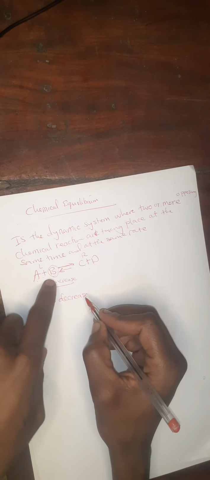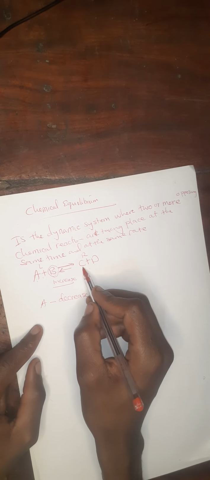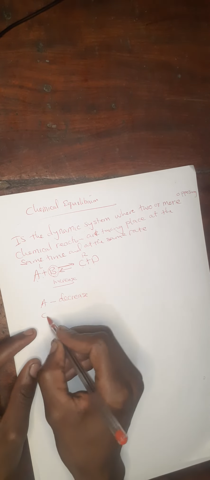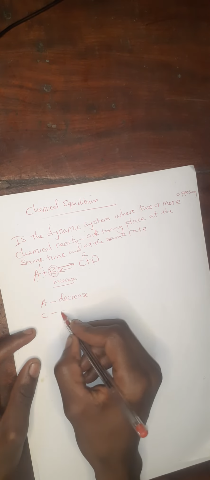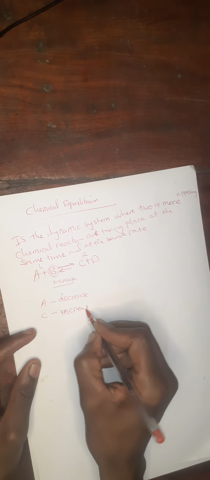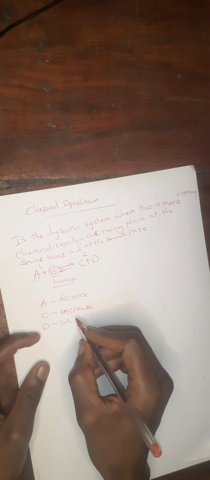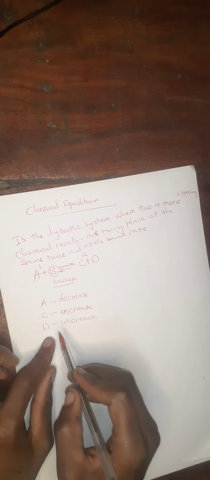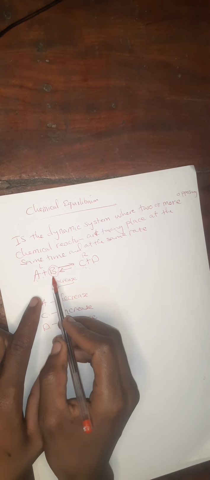That is, when you increase the concentration of substance B, A will decrease and C will increase, because the forward reaction has been increased by the concentration of B. C will increase, as well as D. The rate at which substances D and C are formed will increase, but the rate at which these two reduce will not.